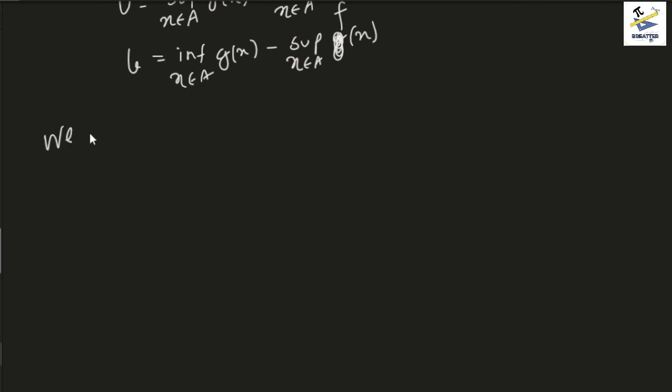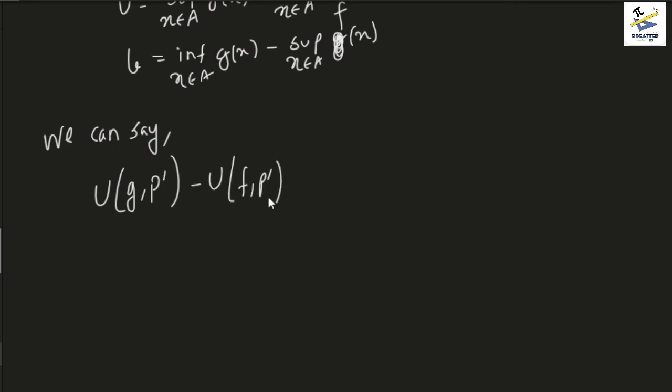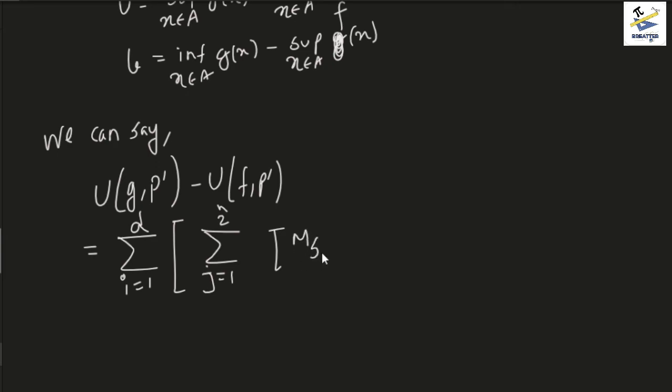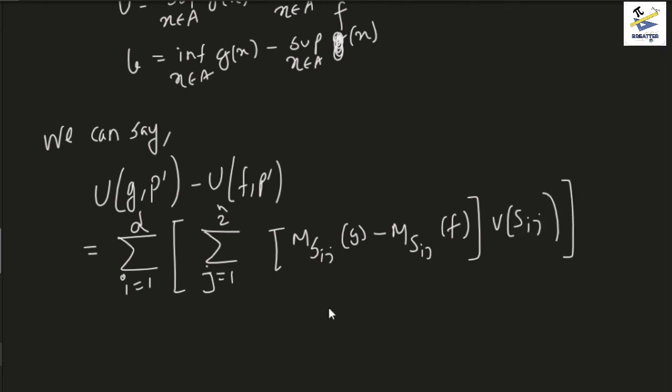We can say the upper sum of g with respect to P prime minus the upper sum of f with respect to P prime would then mean the following.